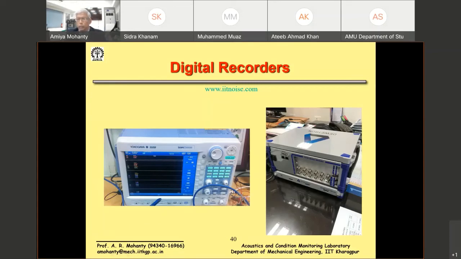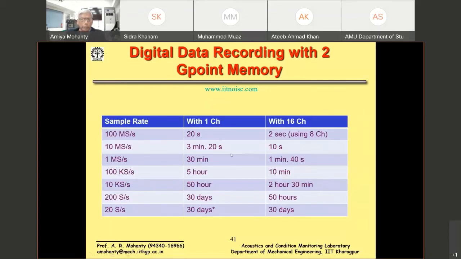So this is possible through this kind of data recorders, depending on the memory. If this has 2 gigabytes of memory, with one channel at 100 mega samples per second, I can record for 20 seconds. If I reduce the sampling rate, I can record for 30 days, and so on and so forth.